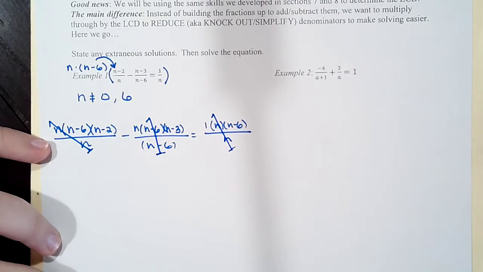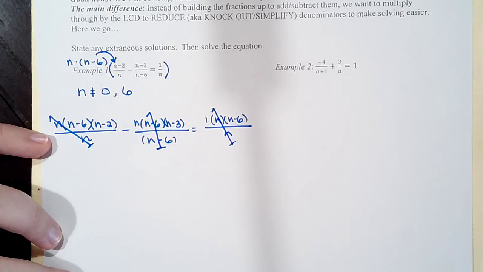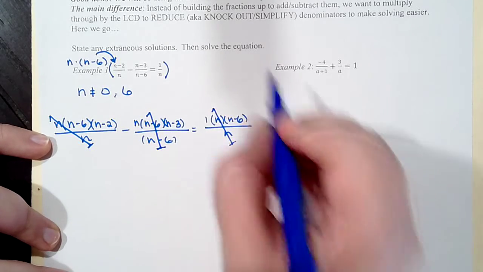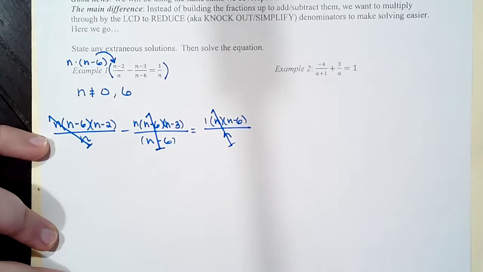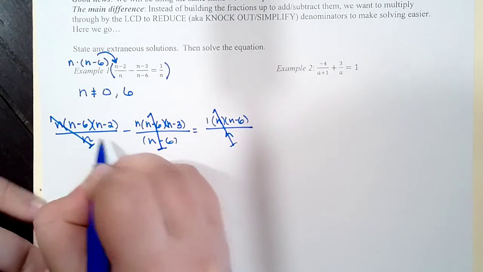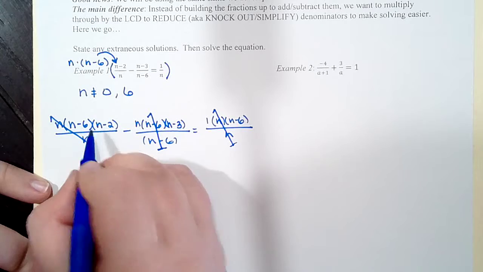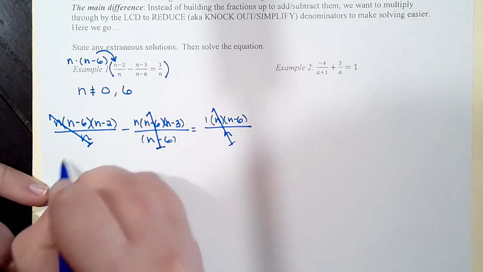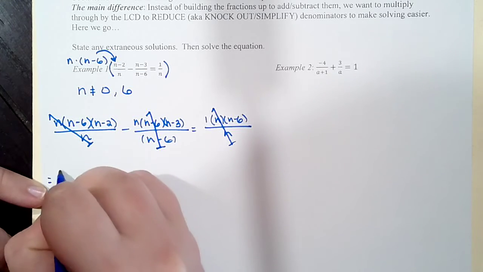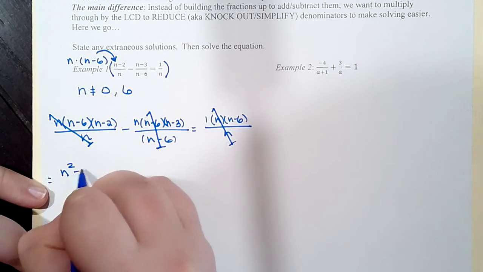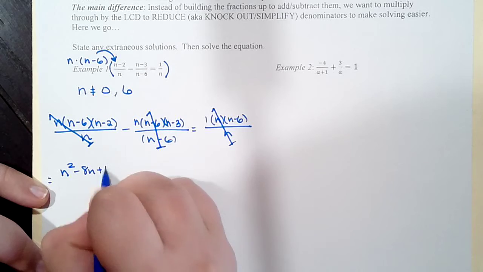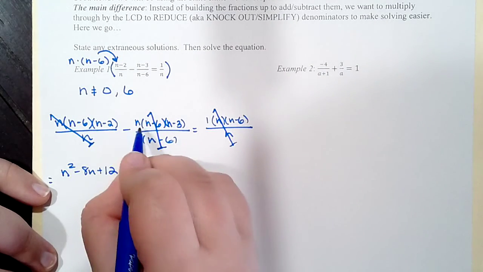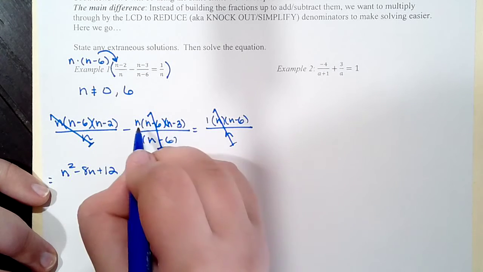So now you can see that by multiplying by the LCD all the way through, it allowed us to knock out a denominator, just like I showed up here. Now we have to figure out what's left over. We've got n minus 6 times n minus 2. Might as well simplify that as I go through, so I'm going to FOIL that to be n squared minus 8n plus 12 over 1, so I don't have to write that, minus n times n plus 3.